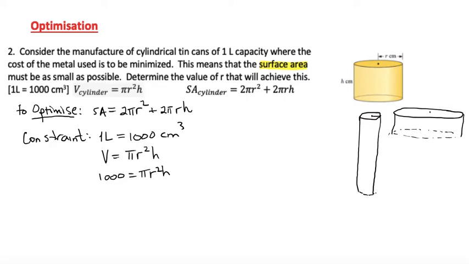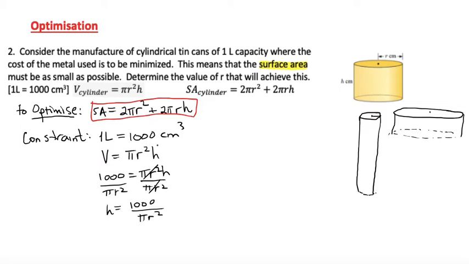Okay, so we would love to find the minimum of this function, but right now the problem is we have an h and an r. So we're going to use our constraint function to isolate for h, which we can then substitute into the equation, and that will rewrite our optimization equation in terms of 1 variable only. So we divide both sides by pi r squared, and now our expression for the height is 1,000 over pi r squared.